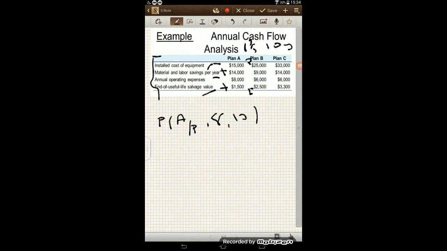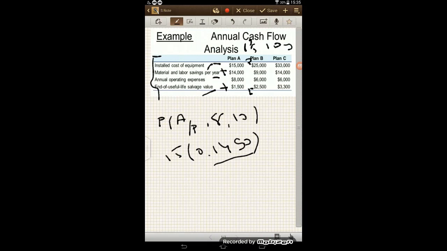For 15,000, if we apply A over P, 8% and 10 years, A over P, 8%, 10 years is 0.1490, yes. So 15,000, we need to multiply by 0.1490, 25 with this one, that one.